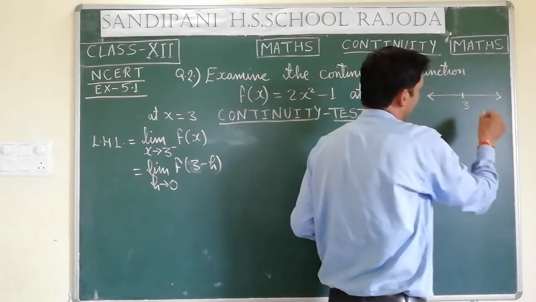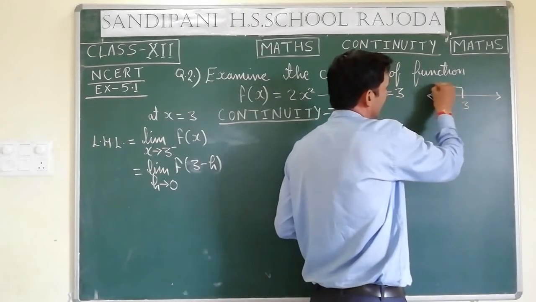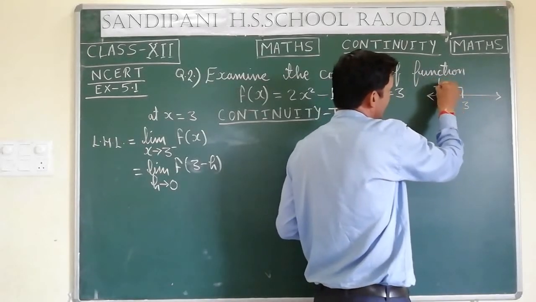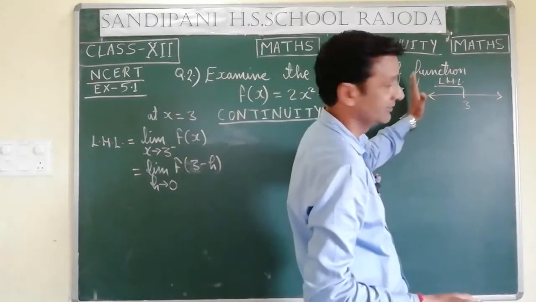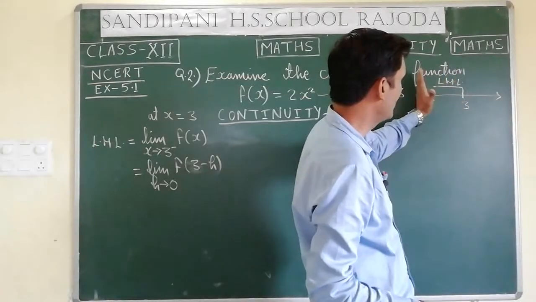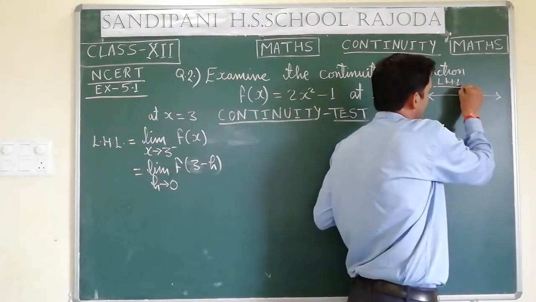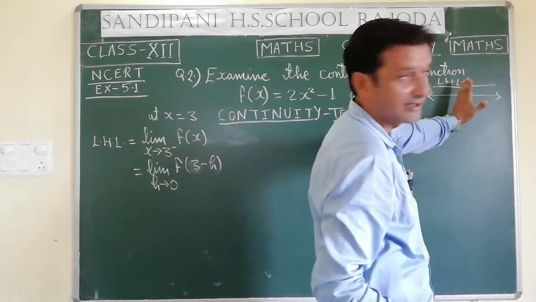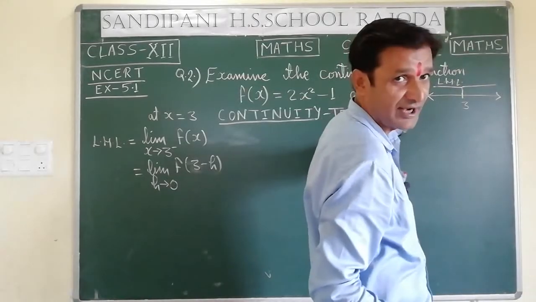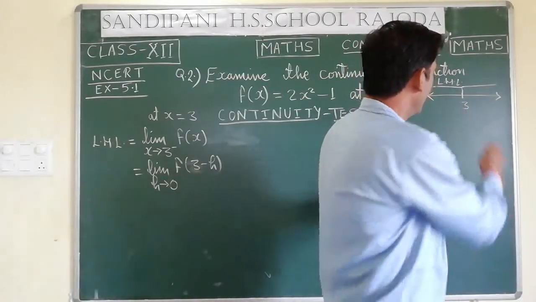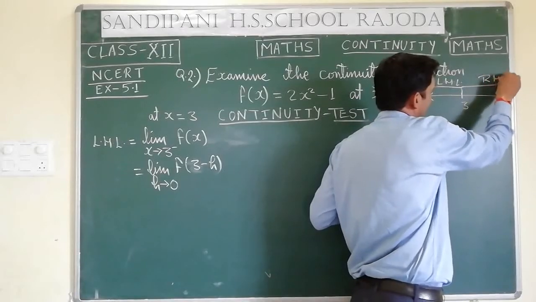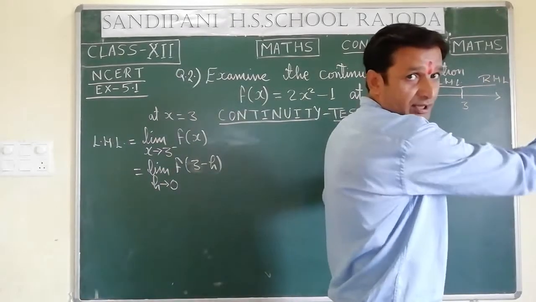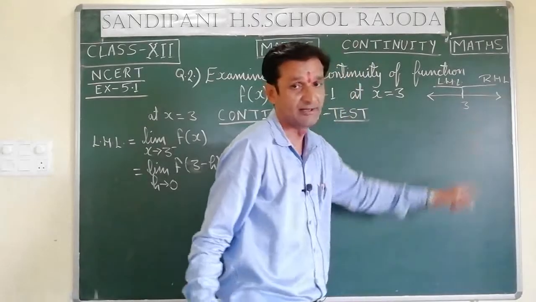Suppose it is 3 only. So 3 minus means it is left hand side, so it is called left hand limit. And towards the right hand side of 3 it is right hand limit.